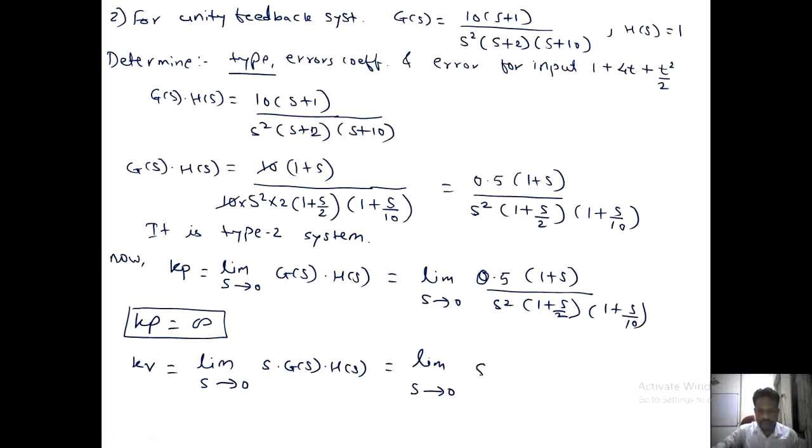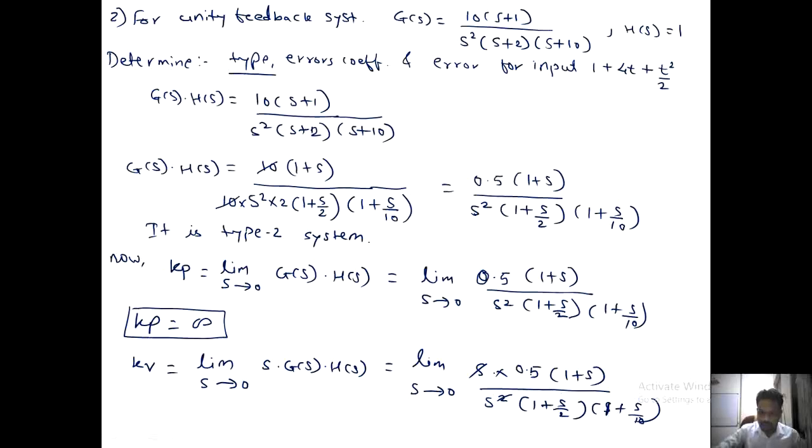Limit s tends to 0 of s into 0.5 (1 plus s) by s square (1 plus s by 2) (1 plus s by 10). Don't get confused between s and 0.5. So the single s will get cancelled, but still one s will remain in the denominator. So when we put s equal to 0, 0.5 into (1 plus 0) divided by a single s will make the whole term 0 in the denominator.